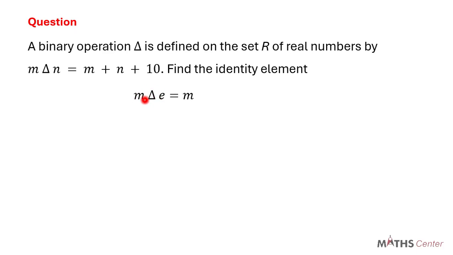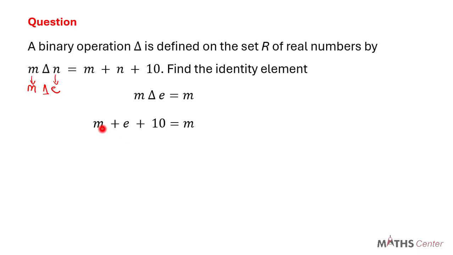Let's find what we have on the right-hand side of this equation, M delta E. The definition of the binary operation delta is M delta N is equal to M + N + 10. So if we want to compute for M delta E, what it means is that M will be M and N will be E. So M delta E will be M + E + 10 is equal to M. From here we can find E, which is the identity element.